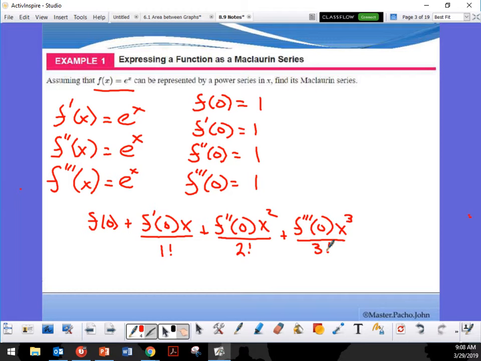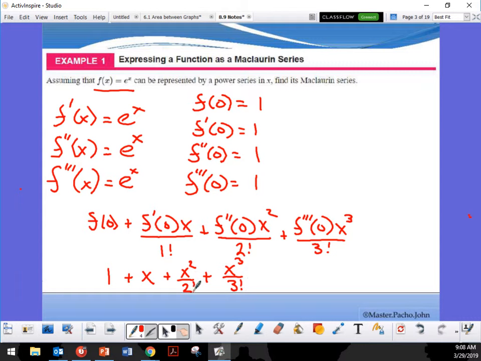Let's see what my values are going to be. We get 1 plus x, plus x squared over 2, plus x cubed over 3 factorial.